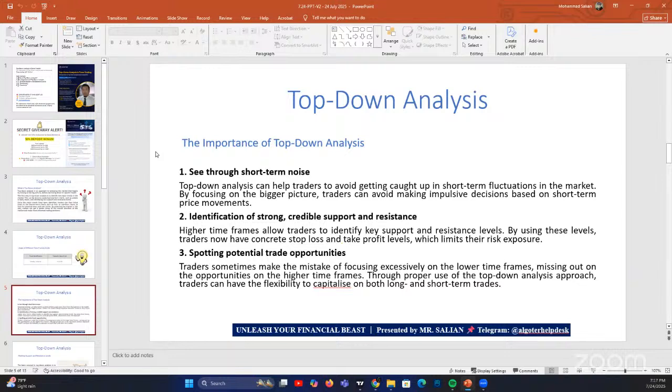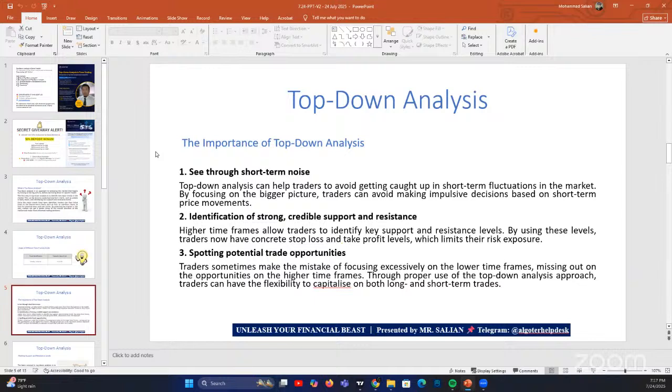Why would you think of selling? It means you are trading on the pullbacks. Traders can avoid making impulsive decisions based on short-term price movements, which is true because all of these pullbacks are just short-term.